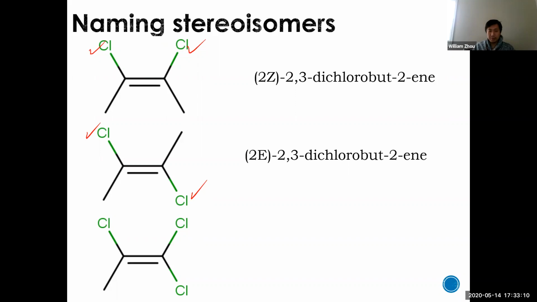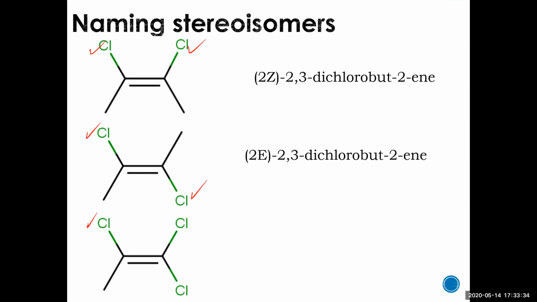All right, so the next one. How many carbons in total, first of all? 3. All right. Only 3 carbons. So is there a cis trans for this one? No. Well, you can see that this chlorine is better than the carbon across. But on the other carbon, you have 2 chlorines.